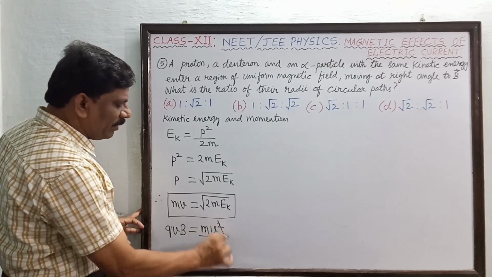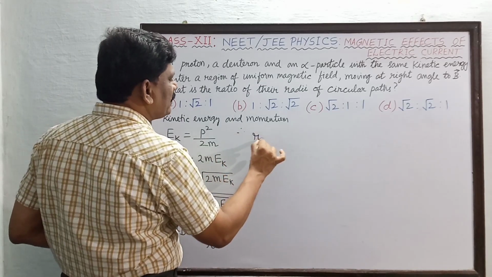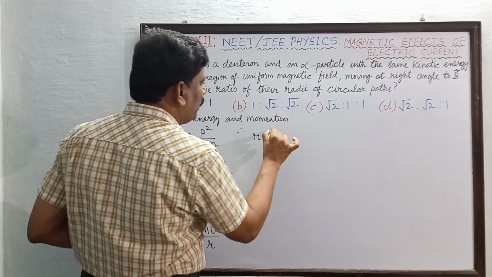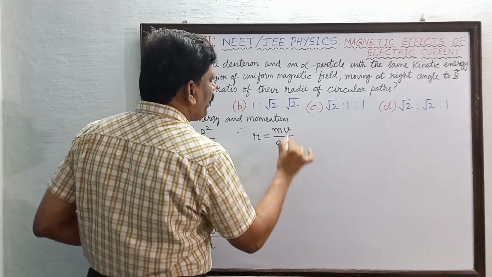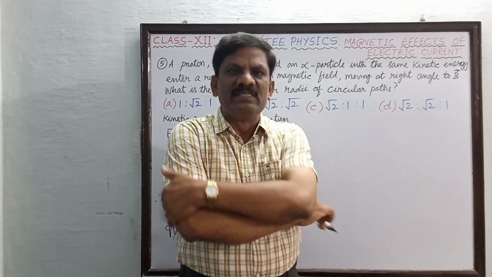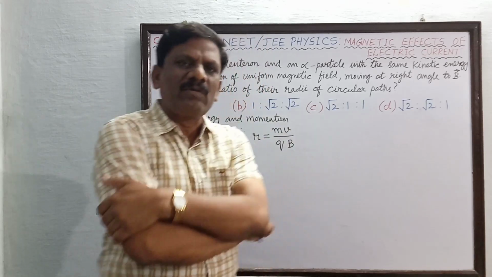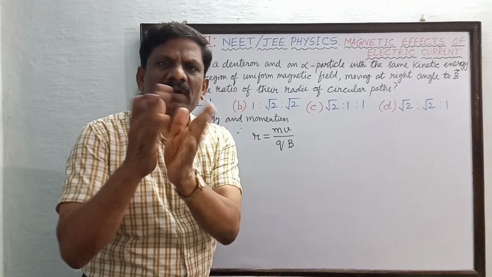Cancelling the power of velocity and the term velocity, the radius of the circular path is mv divided by qB. We used the same relation in the previous numerical also.